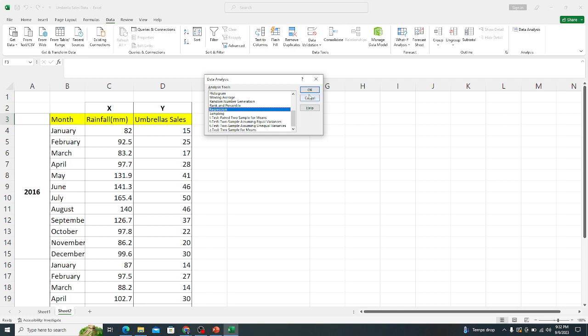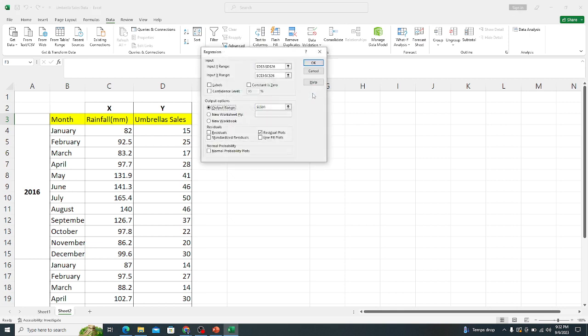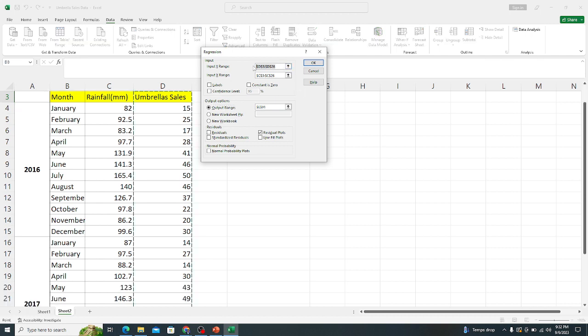Then you can click OK. Once you click OK, it will bring a pop-up window telling you to input the Y range and the X range.